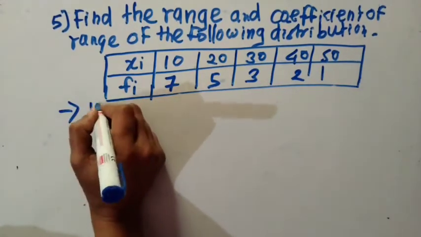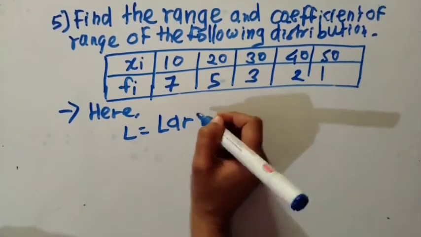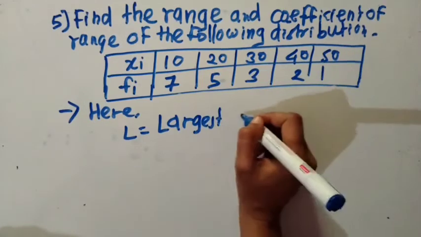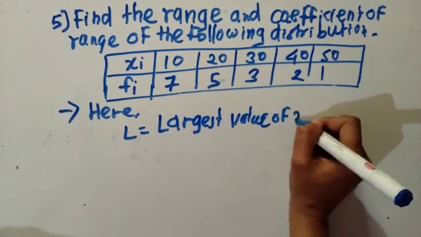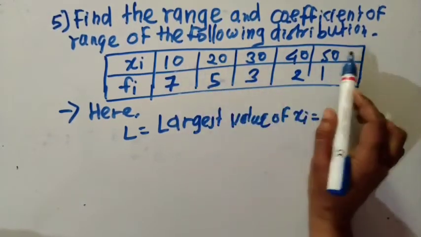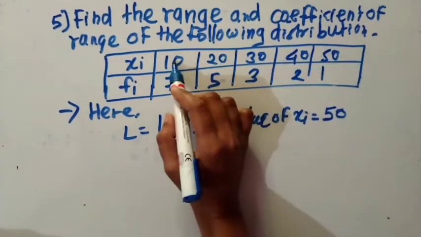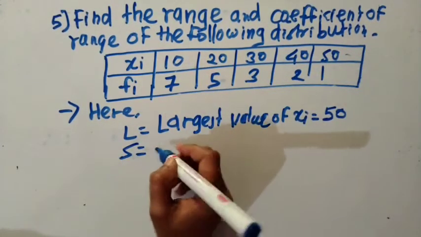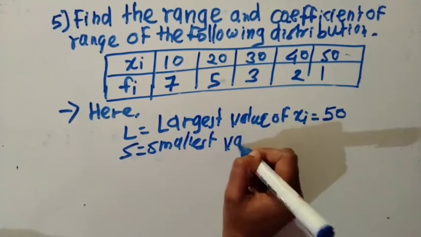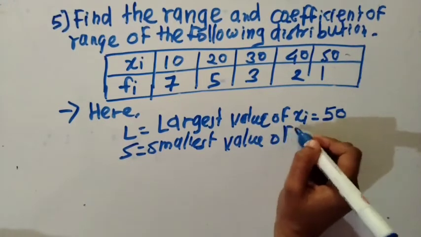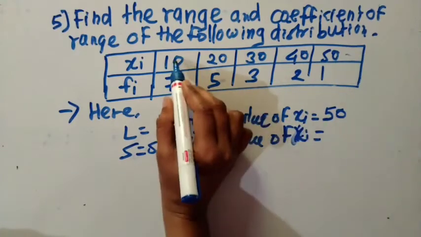So first, here L is the largest value of xi. L means the largest value, which is 15. And S is the smallest value of xi, and the smallest value is 10.